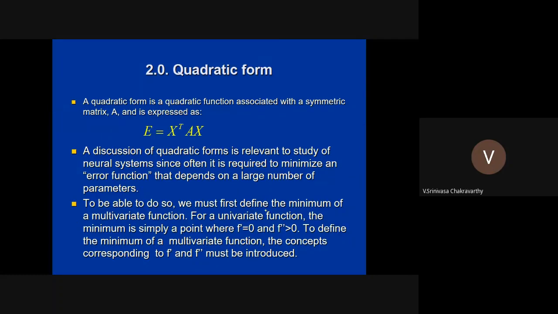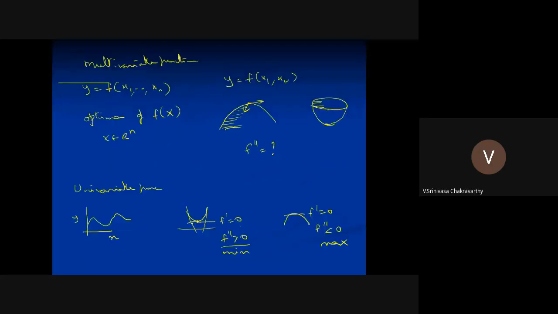So to understand that, we start not with the general multivariate function, but simply a quadratic function, because you need a quadratic function even in the univariate case. You need at least a quadratic function to talk about minimum and maximum. If it is a linear function, a straight line, you can't have a minimum or maximum. A quadratic is the minimum that you need.